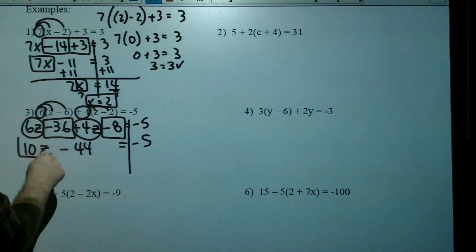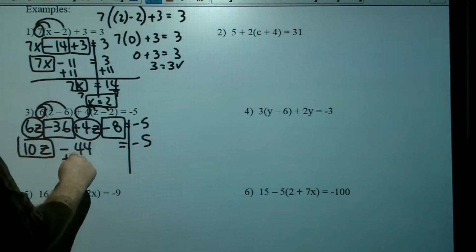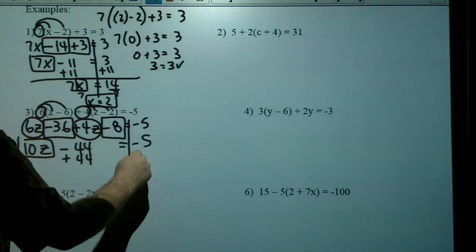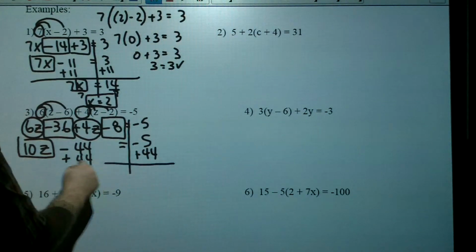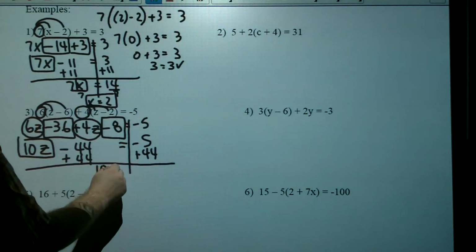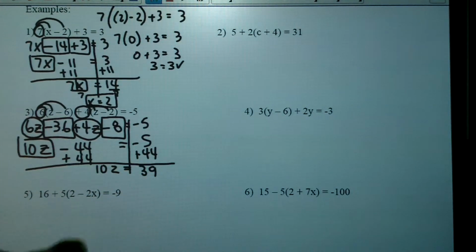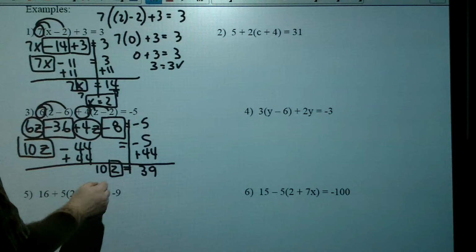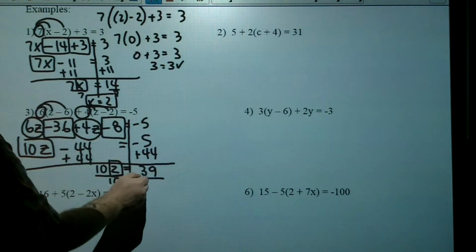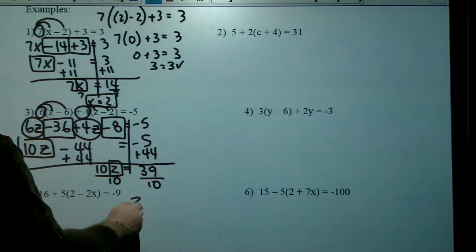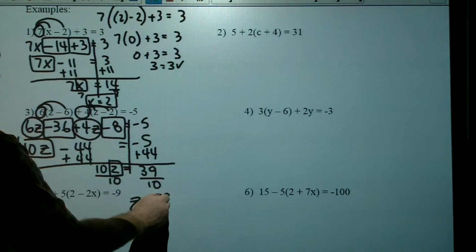So I want 10z by itself, so I'm going to add 44 on both sides. 10z equals 39. I want z by itself now, so I divide by 10. z equals 39 over 10.